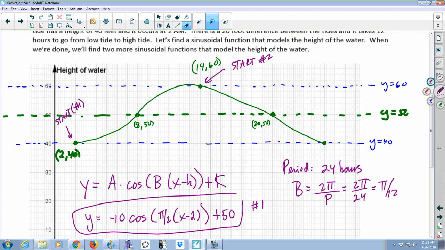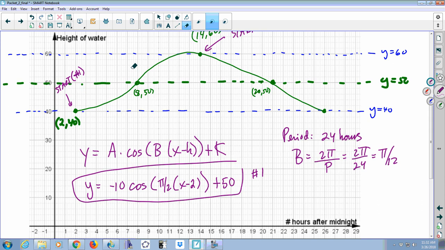So now everything's the same, the period's the same, your midline's the same. What changes here is your value for A is going to be positive 10 if you start there. And you shift. How far did you shift? You shifted to the right from t equals 0 all the way to 14. So it's x minus 14 plus 50.